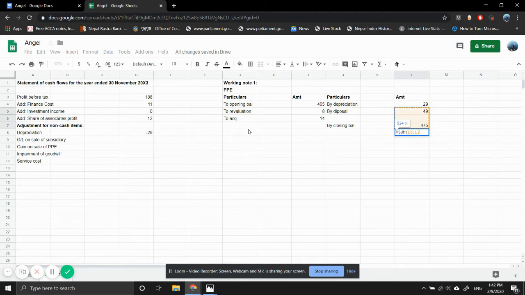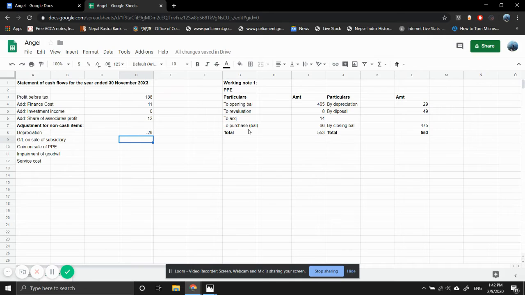Sum of everything, 63, equal, same figure over here as well. And then this figure will be this minus this minus this minus this. So this will be our purchase, which is the balancing figure.